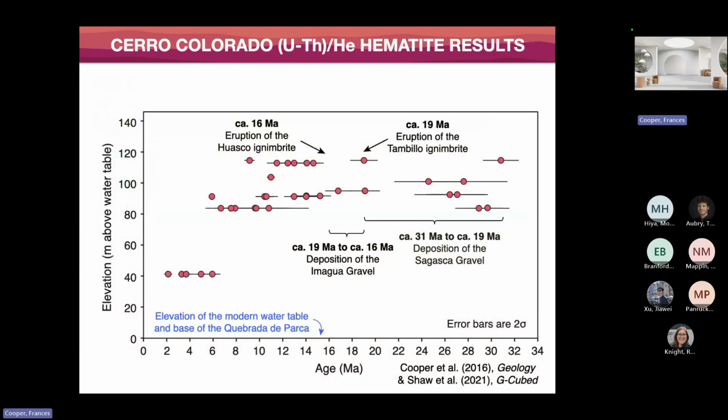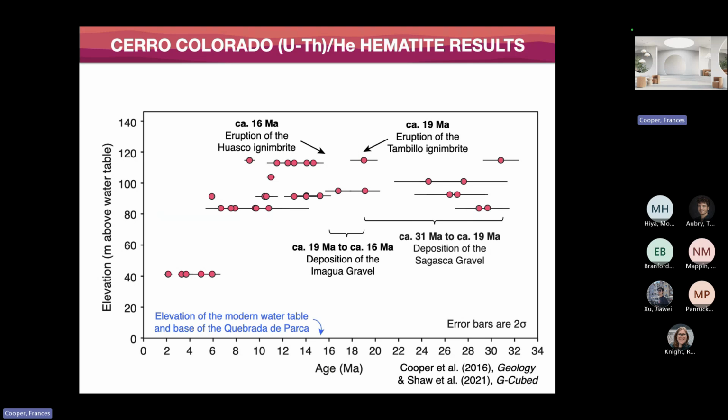And this is the result of our work, from a couple of papers we published, one in 2016 and one in 2021 with PhD student Joe Shaw, who did a lot of this work. What we find is a very prolonged history of hematite precipitation at Cerro Colorado, dating back to about 32 million years ago, when we get the first precipitation.